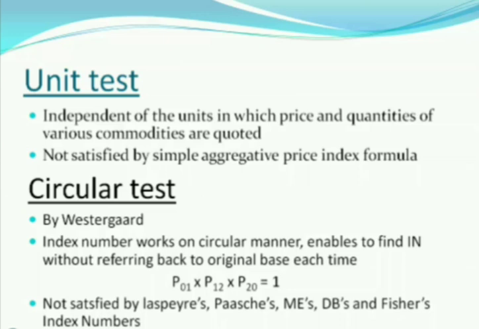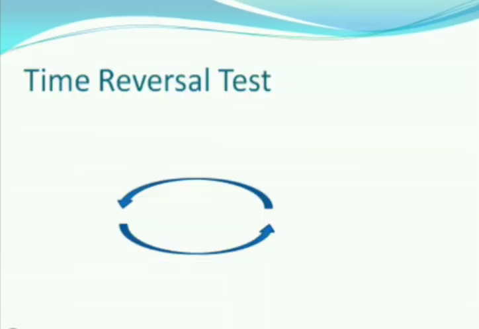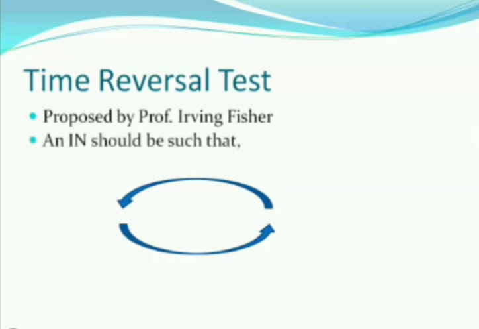So let us go for the next one, that is time reversal test. So this test was proposed by Professor Irving Fisher. So according to him, an index number should be such that when base period and current period, that is base year and current year, are interchanged, the resulting index should be the reciprocal of the earlier.